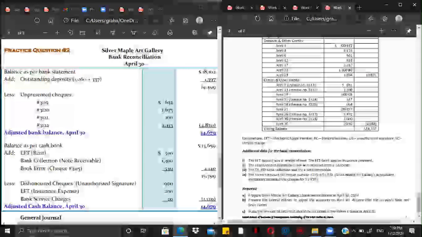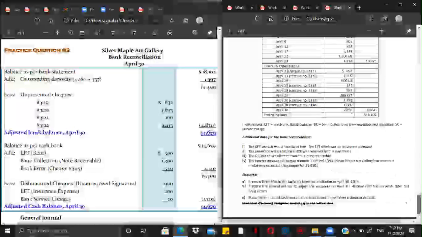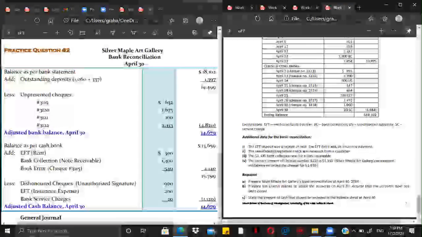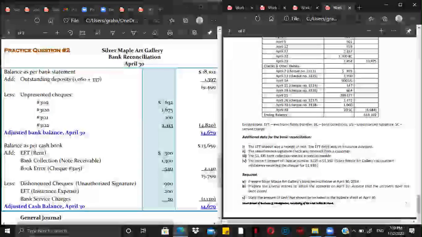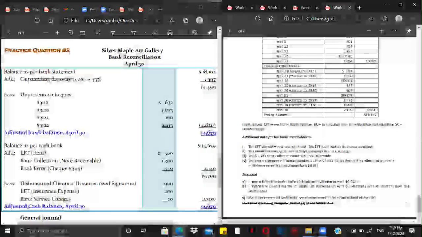And then it says the EFT debit was an insurance payment. So there are two EFTs. One was a receipt that we got. One was a transfer that was sent into our accounts, and one was a transfer that was sent from our accounts. One was a payment, right?